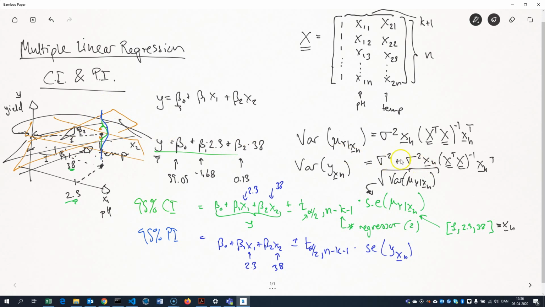This thing here represents the uncertainty of the plane itself. And then once we've established that, we have another contribution of uncertainty, which is the individual observations scattered up above and below the plane. So that gives us the variance of the predicted single observation. We take the square root of that, and then we have this quantity here that we want for the prediction interval.